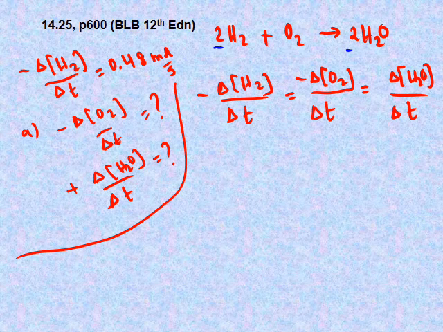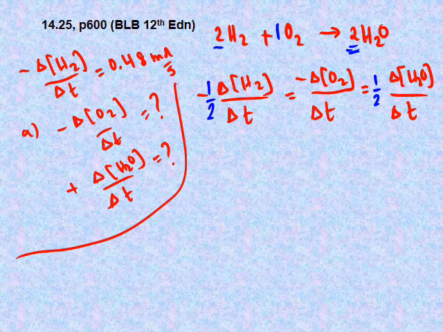So whatever the coefficient is, write down 1 over that number. So 1 over 2 for hydrogen; for oxygen it's 1 over 1, because the coefficient is 1 here; and for H2O it's 1 over 2 because the coefficient is 2. Now I set them equal.